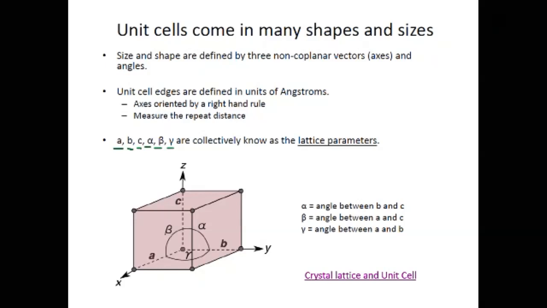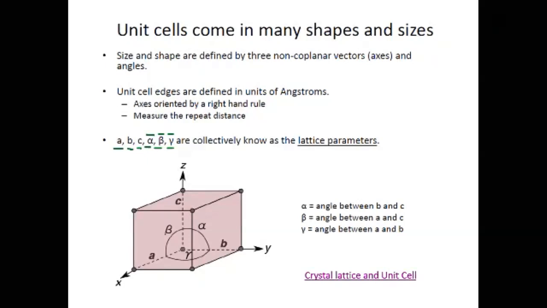Now, an easy way to remember what axes make up the alpha angle, beta angle, and gamma angle is to think of alpha as A, and so alpha is the angle between B and C. So if you think of alpha as A, you disregard the A, and what's left are the axes that make up the alpha angle. Next we have beta.